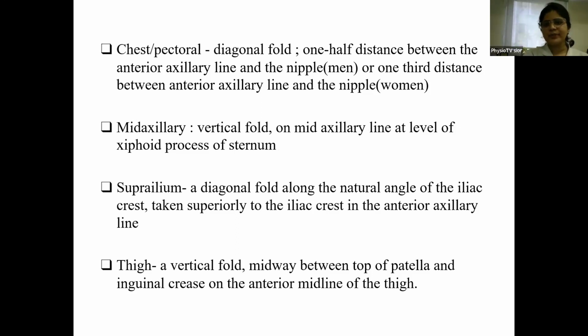Mid-axillary, a vertical fold at the mid-axillary line at the level of the xiphoid process of the sternum. Suprailium, a diagonal fold along the natural angle of the iliac crest, taken superiorly to the iliac crest in the anterior axillary line. For thigh, a vertical fold midway between the top of the patella and the inguinal crease on the anterior midline of the thigh.